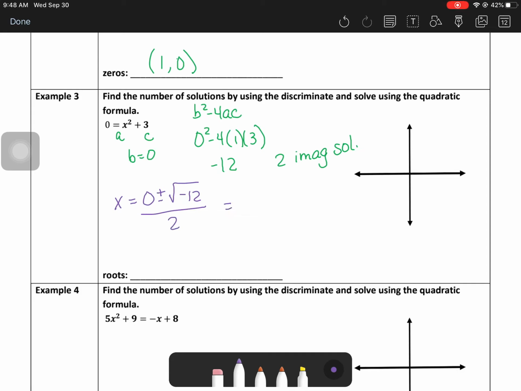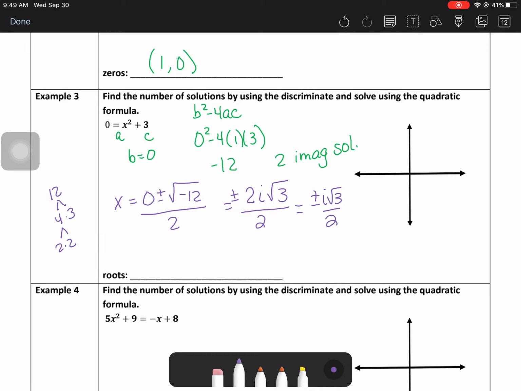So we are going to take the square root of 12, and if we simplify that with a factor tree, we get 2i square root of 3, and we'll do a plus or minus, divided by 2, which means that's going to be plus or minus i square root of 3 over 2.